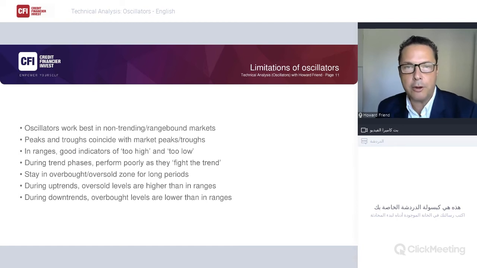But during a bull trend, what you'll find is the market tops out at higher levels of RSI. So, for example, 80 and above. Whereas when the market comes down and corrects, you'll find the market is basing out not at or below 30, but maybe around 40 or 45. So oscillators do have value during trending phases as well.